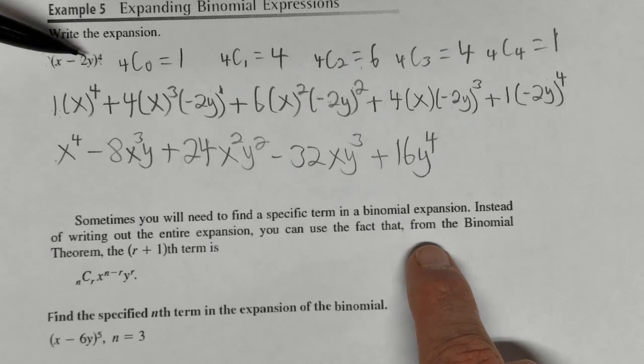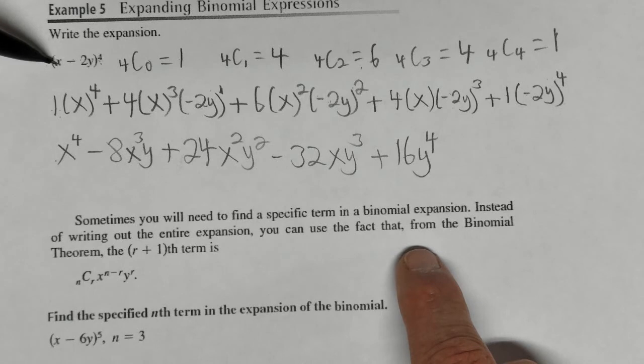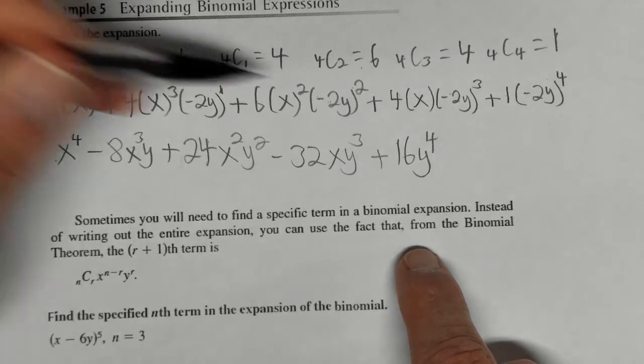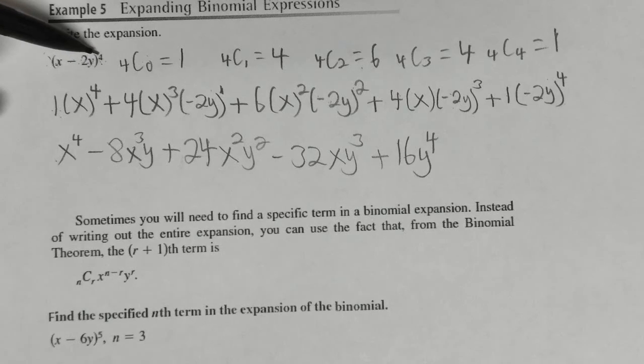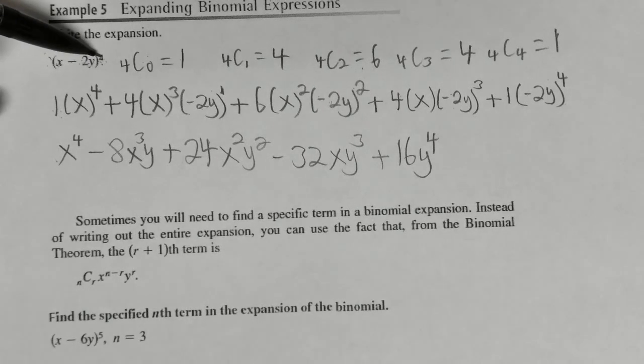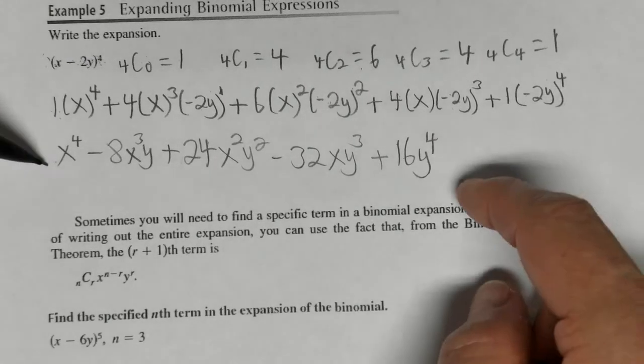Whereas if we had multiplied it out with the distributive property, we would have had to write x minus 2y times itself 4 times and do all of those multiplications, all of those distributive properties, which would have taken us much longer. And of course, if this was to the 6th or to the 8th power, then this really saves us a lot of time.